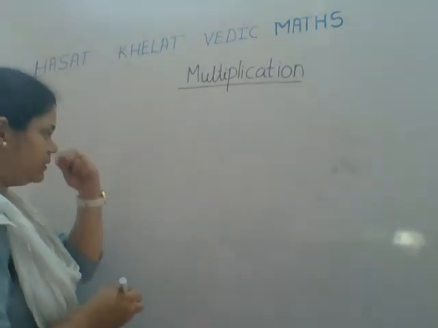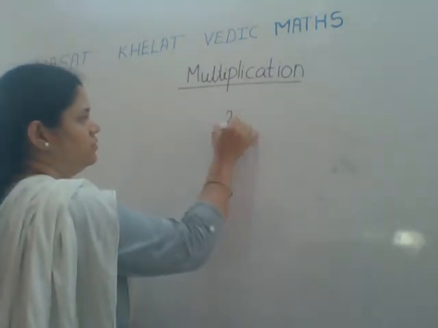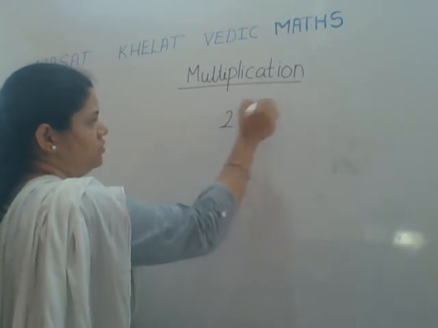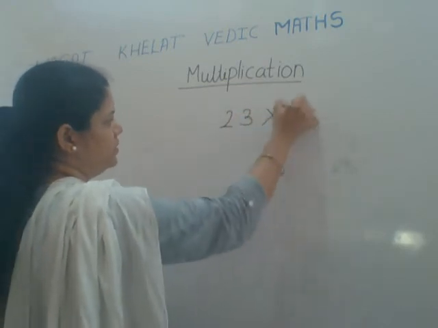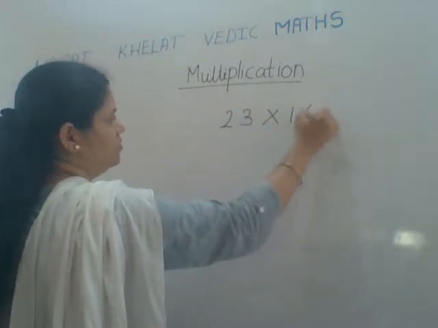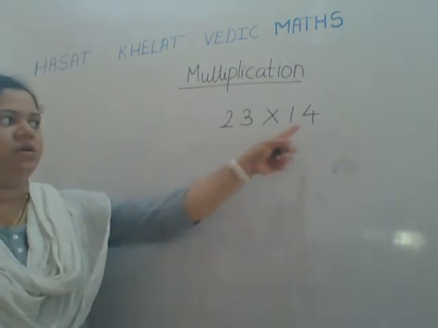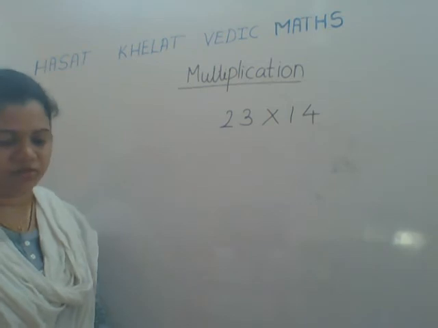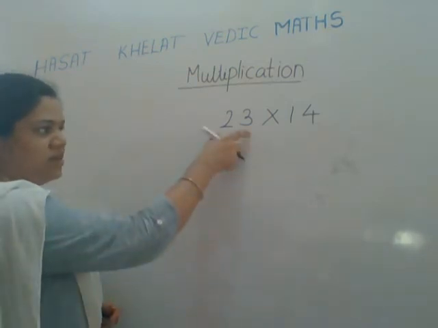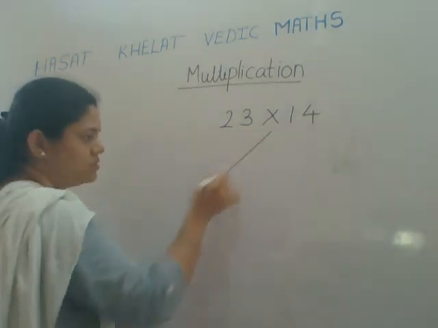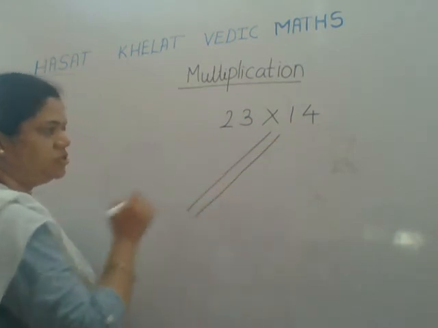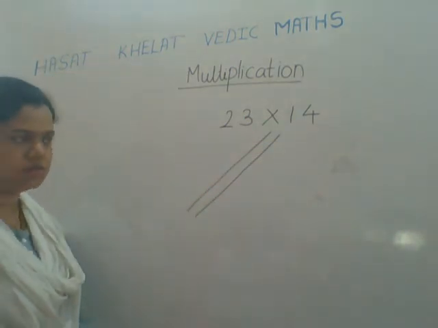Suppose I take 23 multiplied by 14. If I have to find out 23 multiplied by 14. First, I will represent the number 23. This is the representation of 2 with 2 lines.